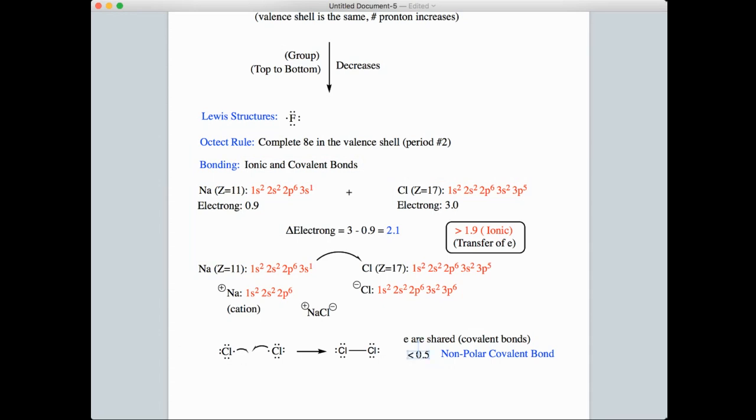I'm going to give you some examples here. For example, the bond between carbon and hydrogen, and I'll give you now the specific electronegativity values. So electronegativity of carbon is 2.5 and hydrogen is 2.1.